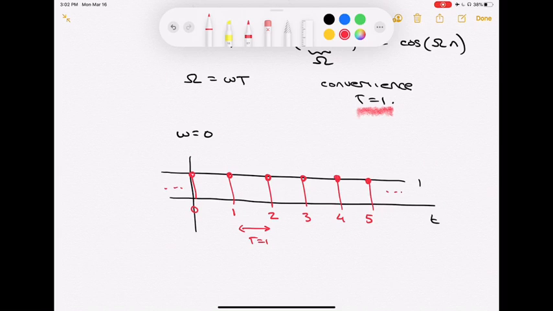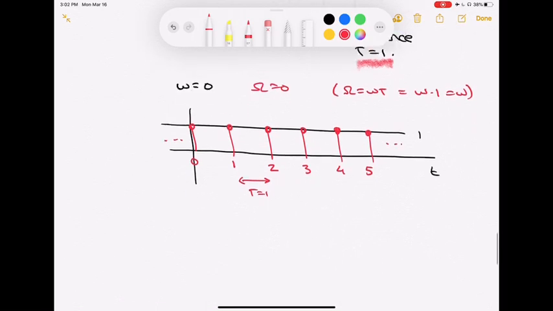Capital omega in this case is equal to 0, coming from little omega equal to 0. Why? Because we know capital omega equals little omega T, with T equal to 1. In this case that is just little omega. So if little omega is 0, capital omega equals 0. DC goes to DC, just as we would hope.